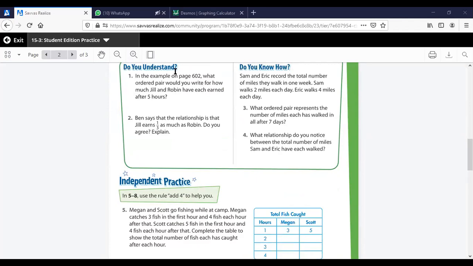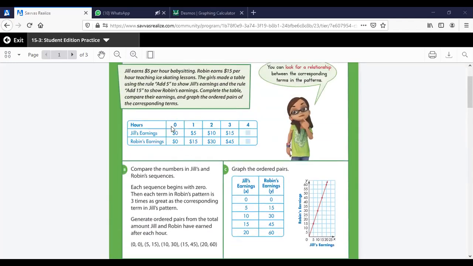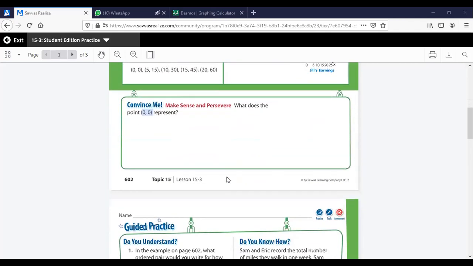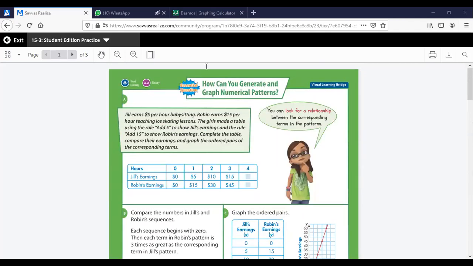25, 75. After 5 hours. Now look here in the table, we've done the 4 hours by adding 5. So for Jill, it's 25. What about Robin? 75. Brilliant. So guys, if we did here for 5, each time you will add what? 5.